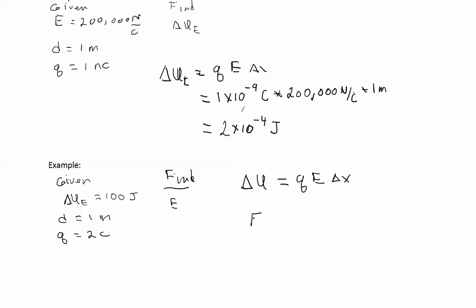So E, the strength of the electric field, would be the change in the electric potential energy over Q times the displacement. And we find that our electric field intensity is equal to 50 newtons per coulomb.